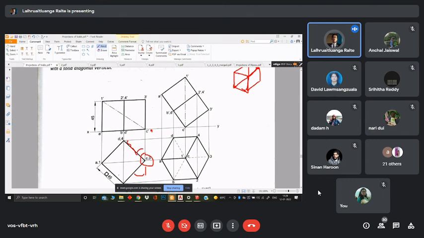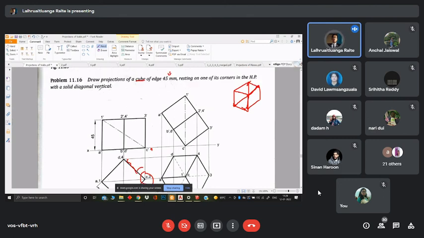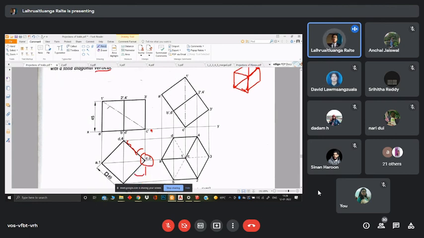And after this, what do we have? As the question is telling us, we have a solid diagonal vertical. In this particular orientation, the solid diagonal is in a slant direction, it is inclined. So for this solid diagonal to be vertical, we flip the whole thing and make sure that this line is vertical.